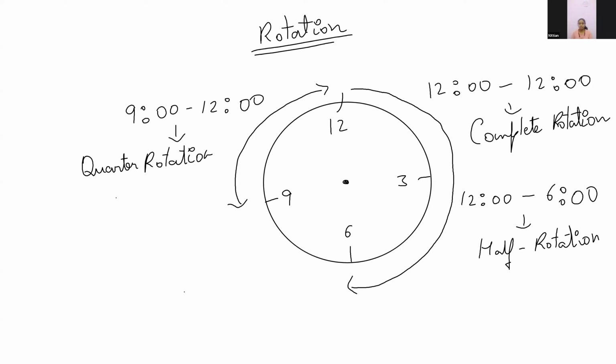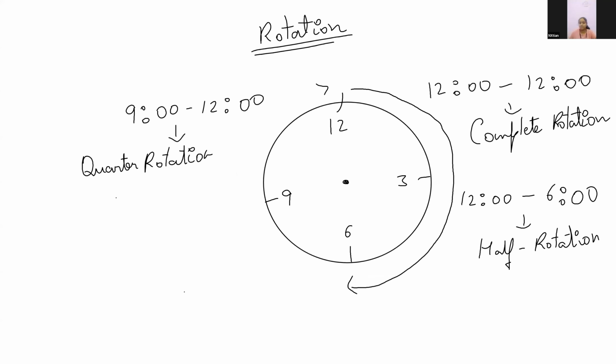Now, what is clockwise rotation and anti-clockwise rotation? Clockwise is from 12 to 3 to 6 to 9 to 12. Anti-clockwise is the opposite of clockwise and goes from 12 to 9 to 6 to 3 to 12.